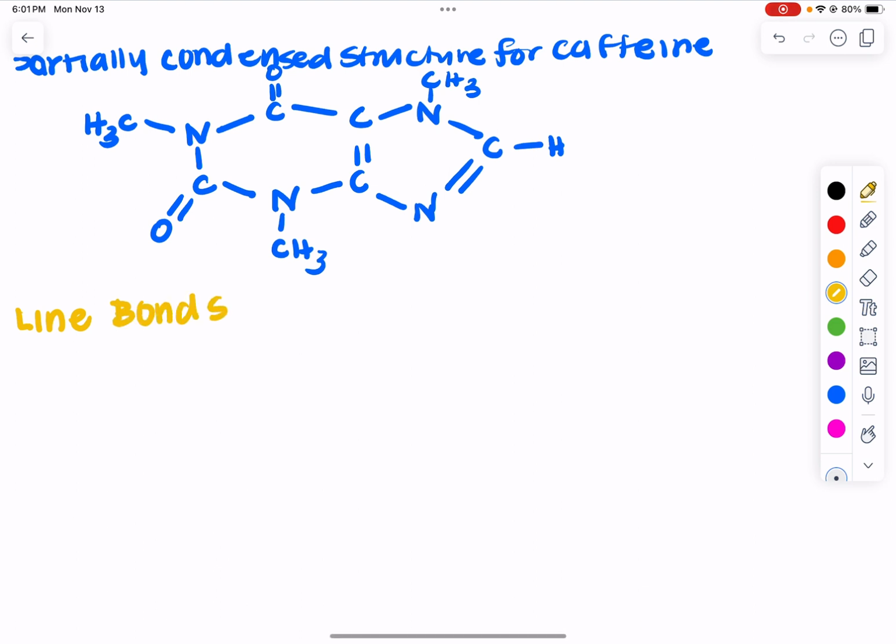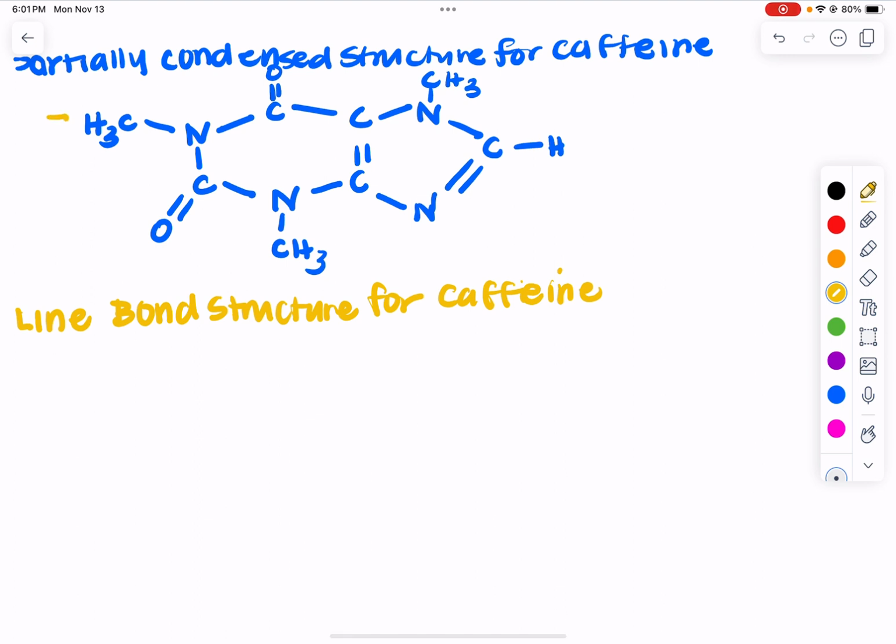So as I follow the rules, it's going to be drawn in a way that follows everything that we just wrote down. So no carbons are shown, but each vertex represents a carbon.